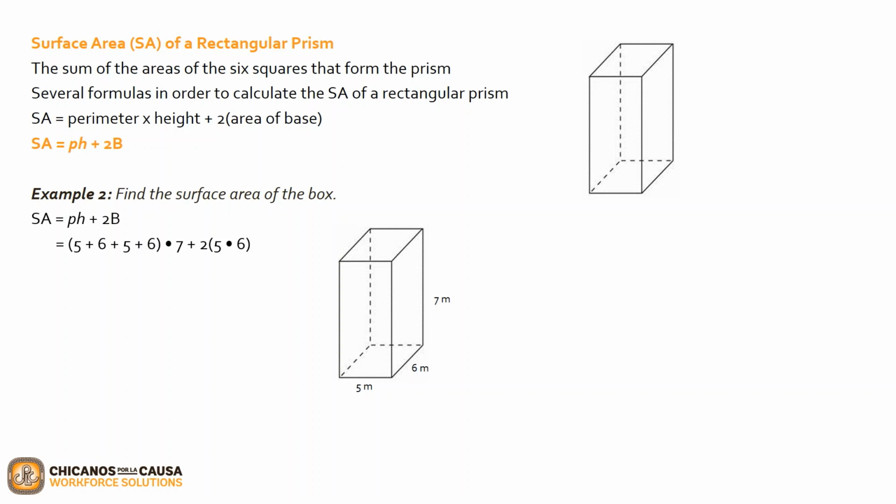So when we simplify our equation, we get 22 times 7 plus 2 times 30. We simplify it even more, so we have 154 plus 60, which yields a result of 214 square meters.